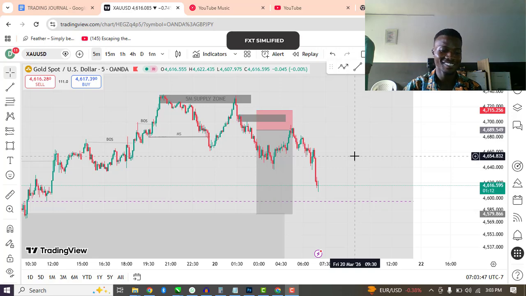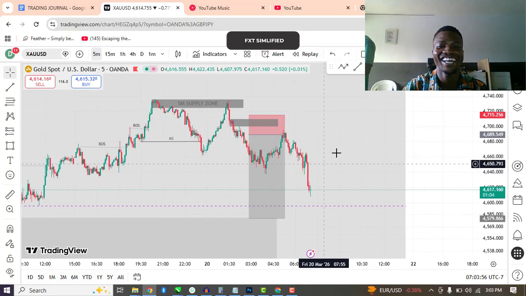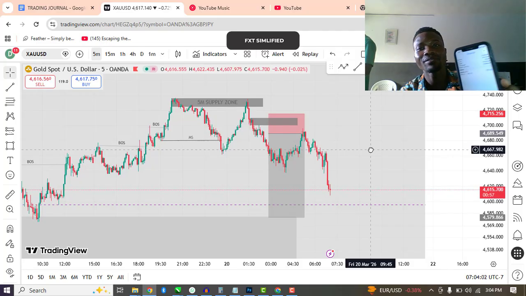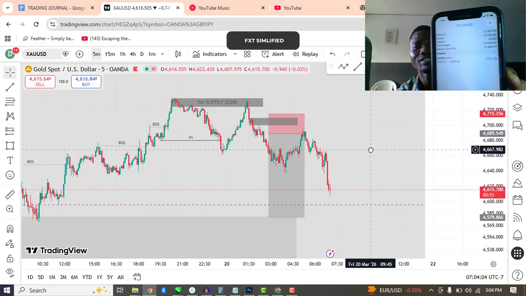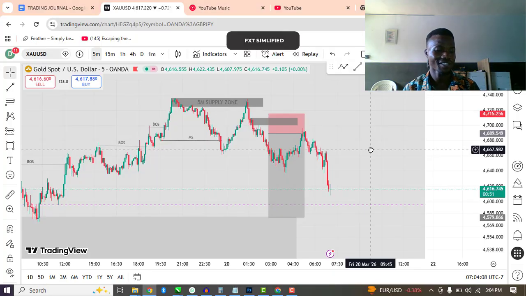As you can see, we are currently in profit with good risk management. Really. We are currently up about $700 right here. Can you see that? That's $700 there.